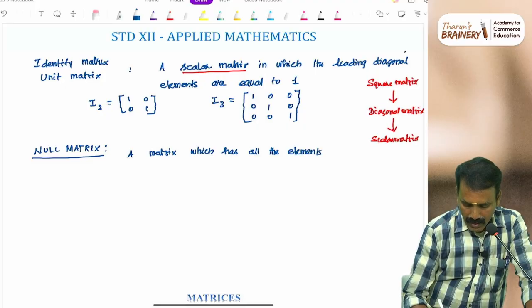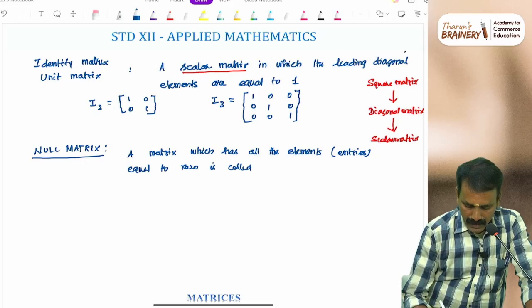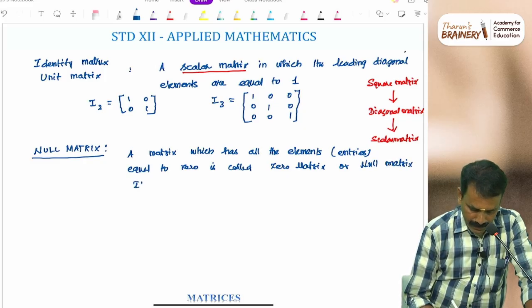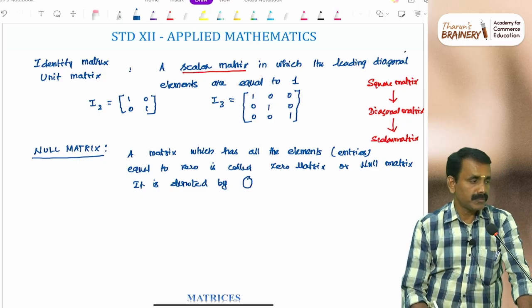All the elements or entries equal to 0 is called zero matrix or null matrix. It is denoted by capital O. Okay, capital O.